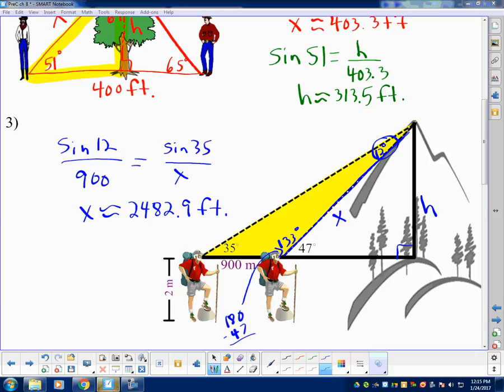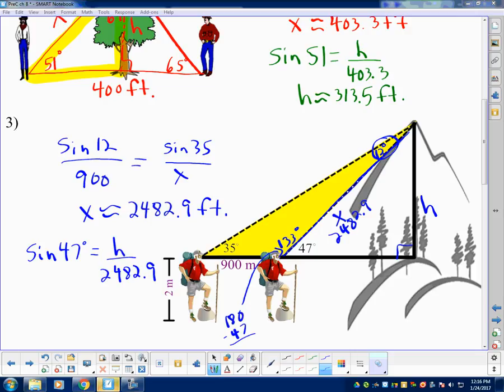So if this is 2,482.9, I can now use some right triangle trig to find the height. So I have this 47-degree angle here. I have the hypotenuse. I need to find the opposite. Opposite and hypotenuse is once again sine. So sine 47 degrees equals height over 2482.9. So opposite over hypotenuse.